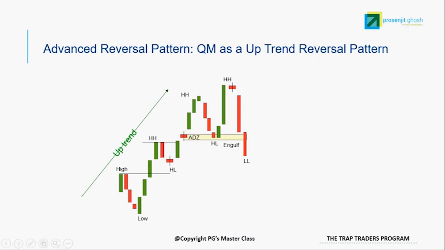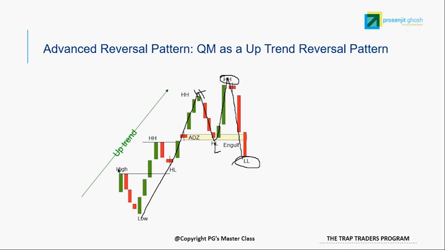So what kind of pattern are we getting here? If you remember the QM pattern, it will have a high followed by a low, followed by a higher high, followed by a lower low, right? So this is our pattern of a QM: high, low, higher high and lower low.